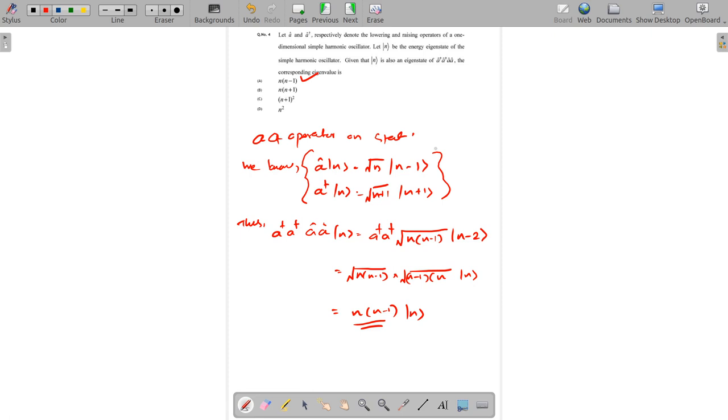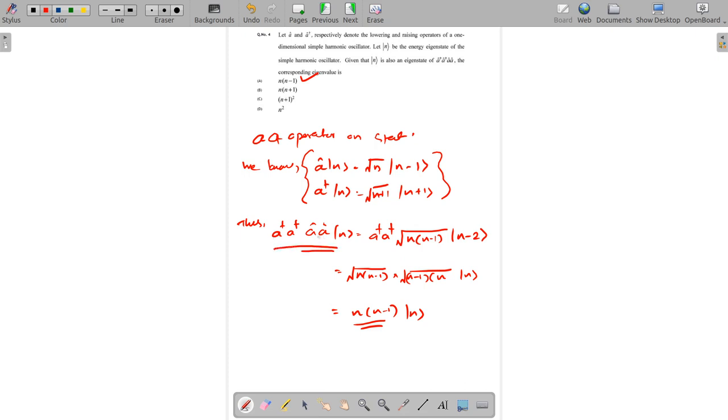Now what happens if A dagger acts on ket n? Then it takes it to the excited state, so ket n goes to n plus 1. Again, it's not an eigenstate, but there's a scaling factor root of n plus 1. With this relation you just act your given operator on the eigenket n. So this is how the action goes on.